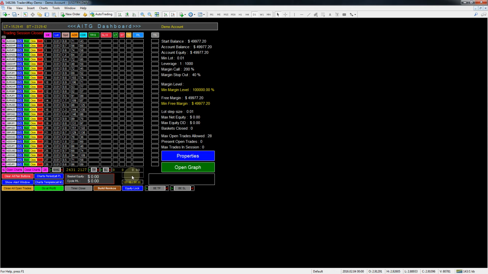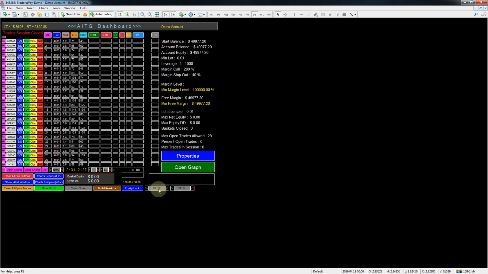And as the price moves up and it starts trailing up, this profit of 50 will keep increasing. Now if you have more than one target set up, of course, when it hits the next target, these numbers will change. Now this number here, target, always relies on the basket equity. That's what it looks at.